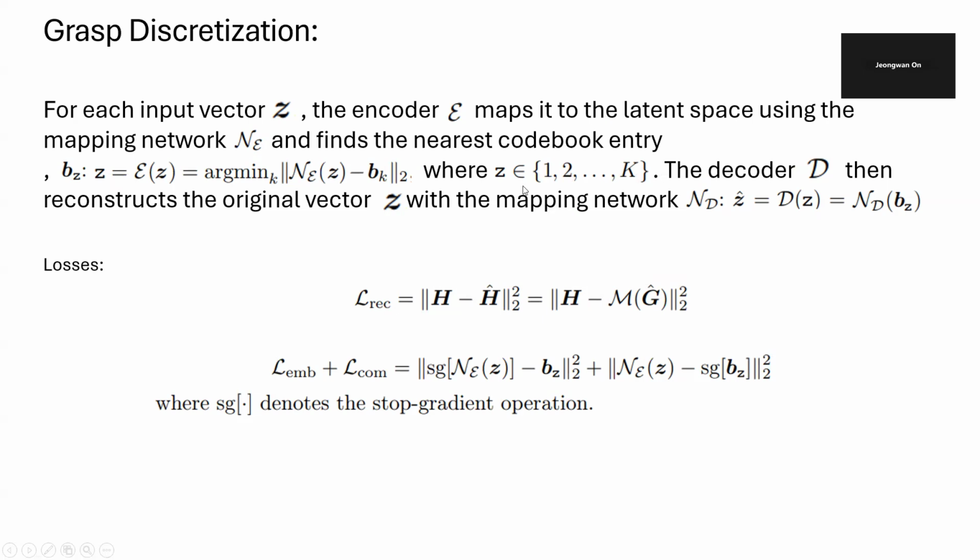And the decoder D then reconstructs the original vector Z with mapping network N. This is basically explaining how the VQVAE architecture works in general. The encoder's output is matched to a nearest neighbor codebook vector, and that codebook vector is fed into the decoder to get the final reconstructed output. And then for losses, we have the reconstruction loss, and then the embedding loss and commitment loss that we saw earlier for VQVAE. It's the same one here.